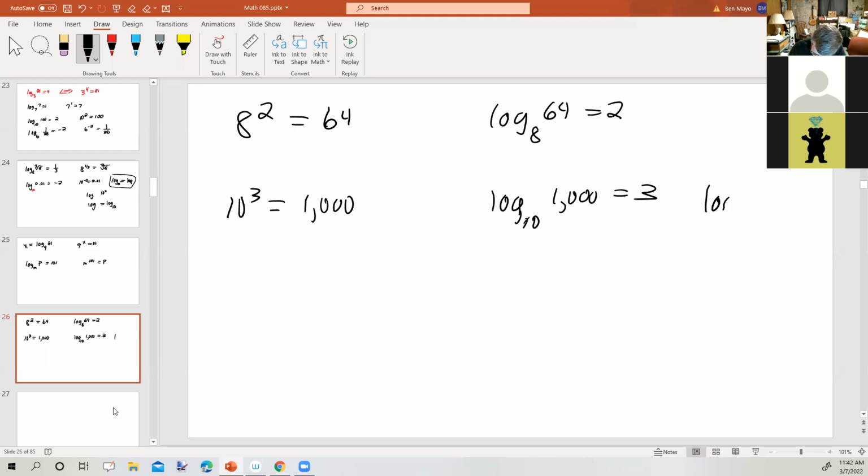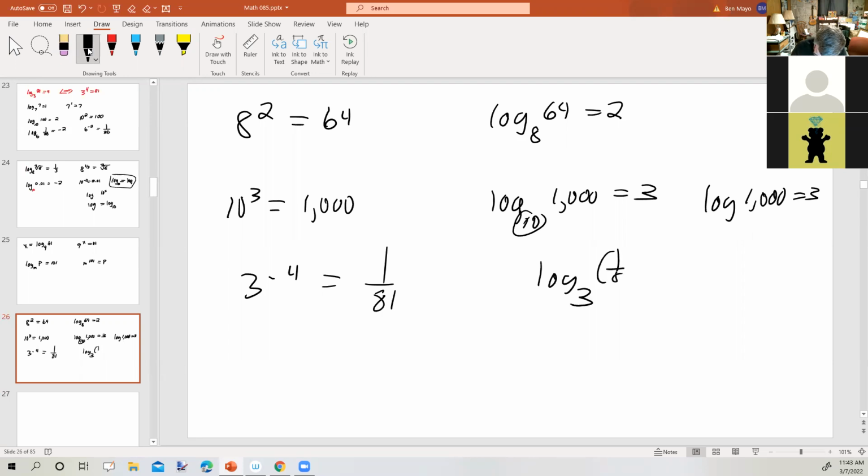This could also have been written log of 1,000 equals 3 because the 10 would be implied. Okay. 3 to the negative 4 power equals 1 over 81. Log base 3 of 1 over 81 equals negative 4.